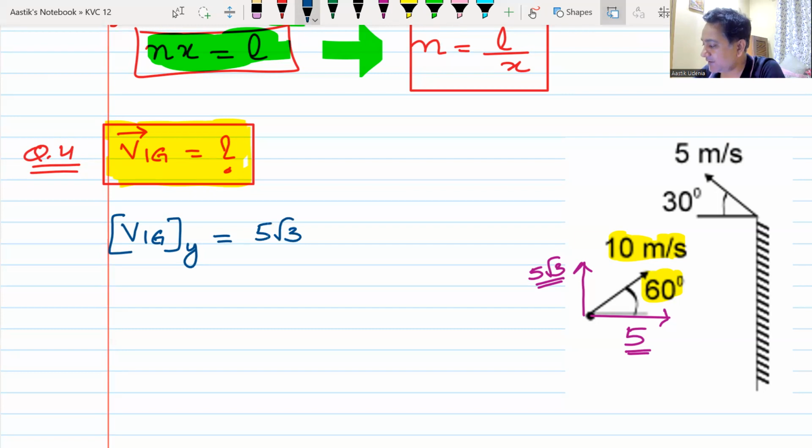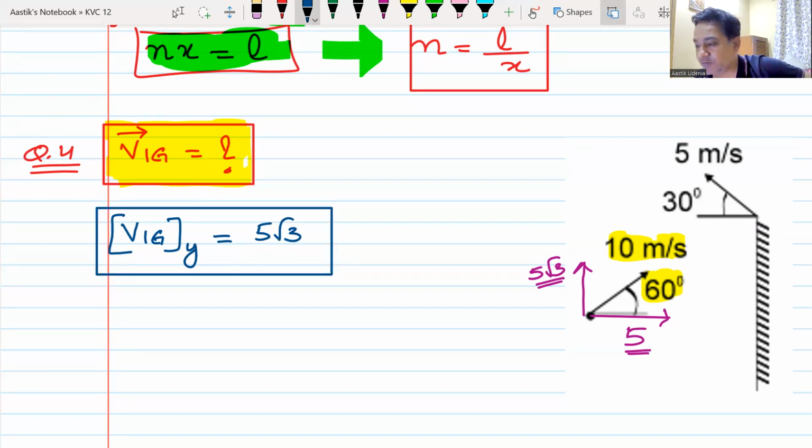So that lands me with the first part of the question, velocity of image with respect to ground. Do we understand this? Everyone, I got the first part. Nice and easy. Easy peasy.